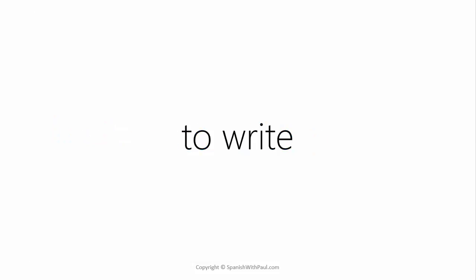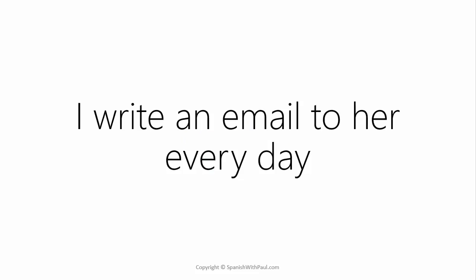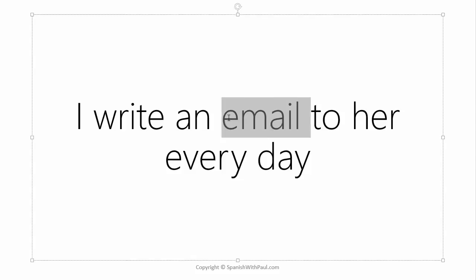The verb to write is escribir, escribir. And to say I write would be escribo, escribo. How would you say I write an email to her every day? For email, you can just use the same word, email.